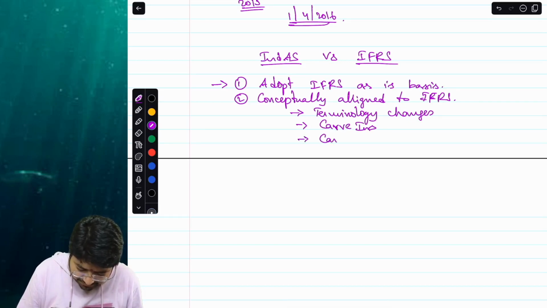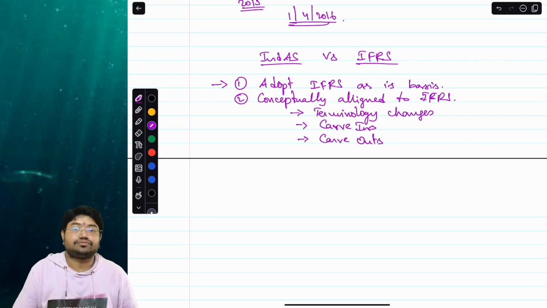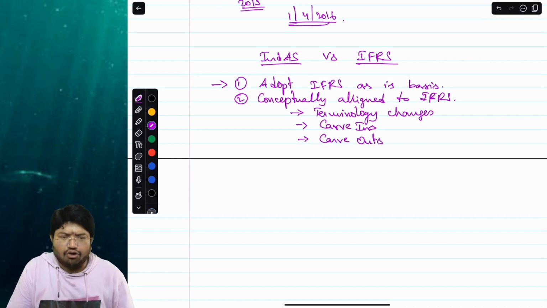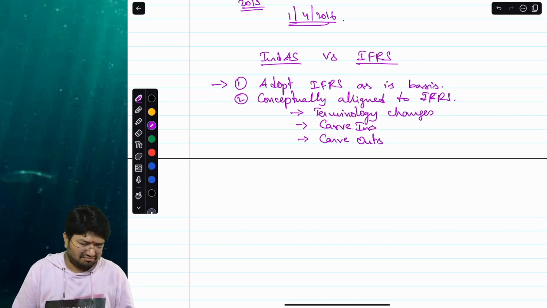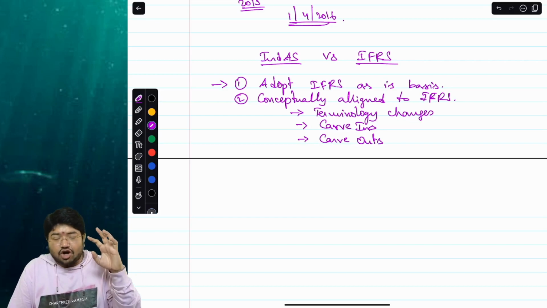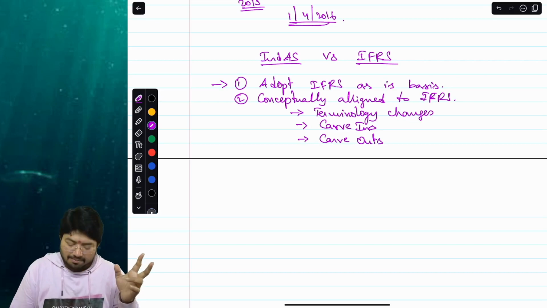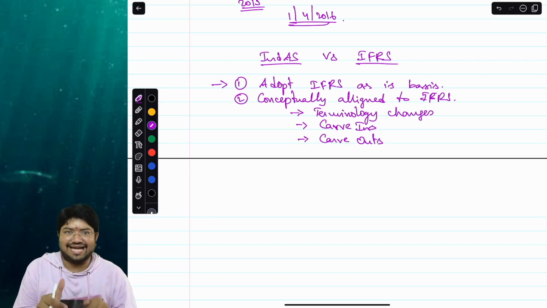Number three, carve-outs. Now, what does a carve-in mean? That means something which is not there in IFRS, but it is there in Ind AS. So what it means is, there is a restriction of opinion given in IFRS.